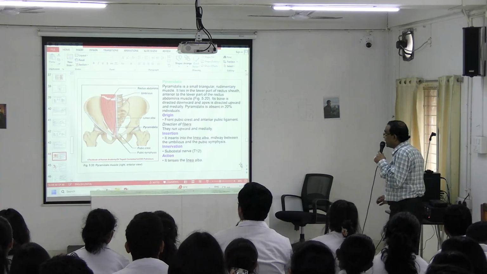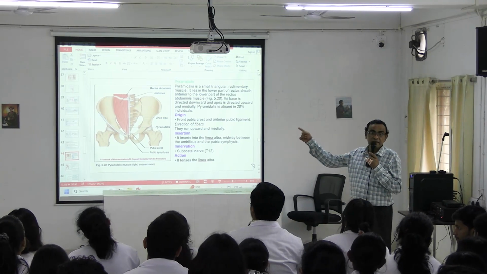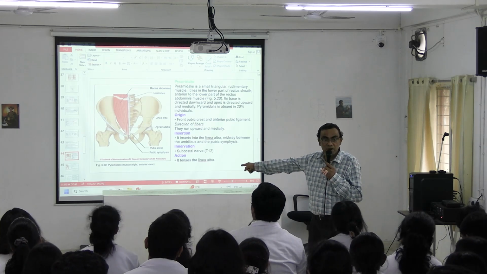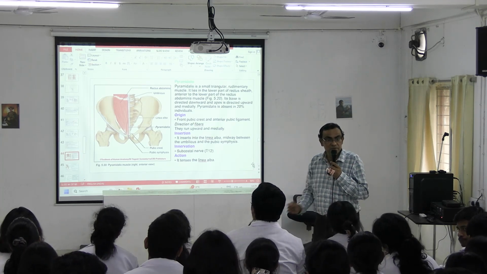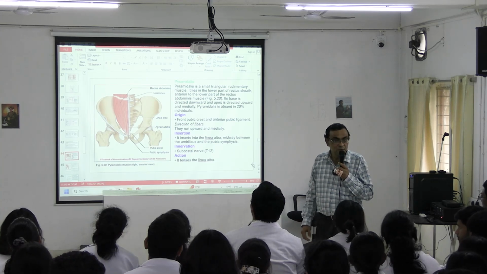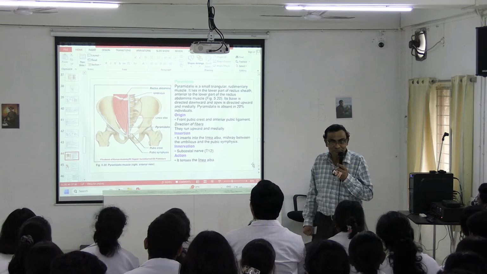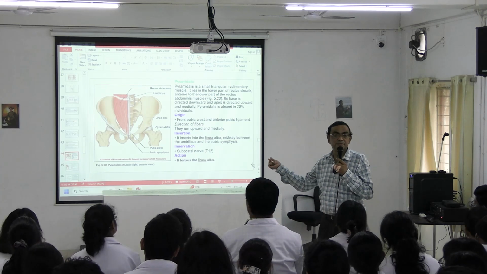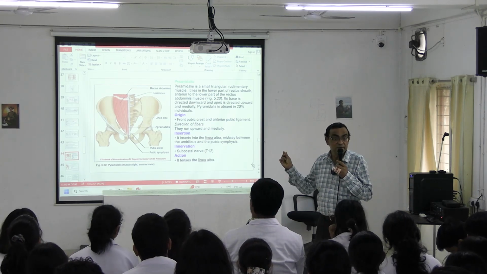So here we can see the rectus muscle, as well as in the lower part a pyramidal shaped small muscle. Okay, we have seen the plantaris muscle. Like plantaris, we may find this muscle, but not in all bodies.